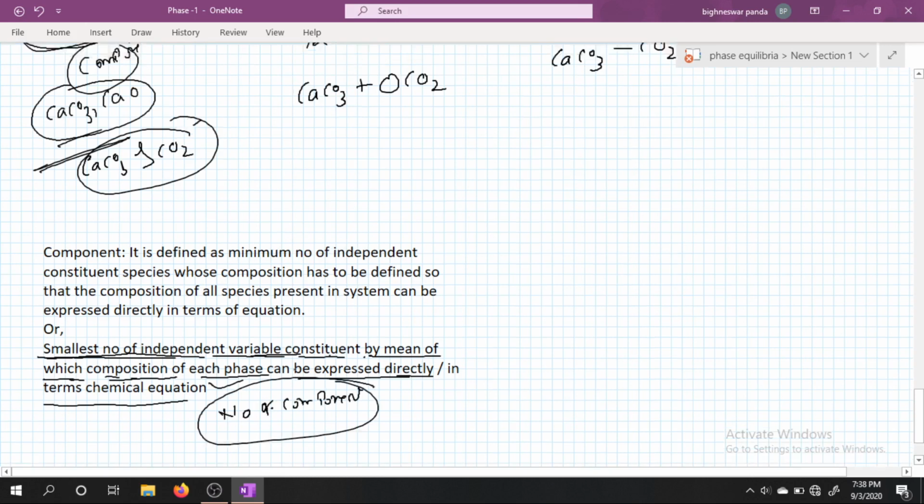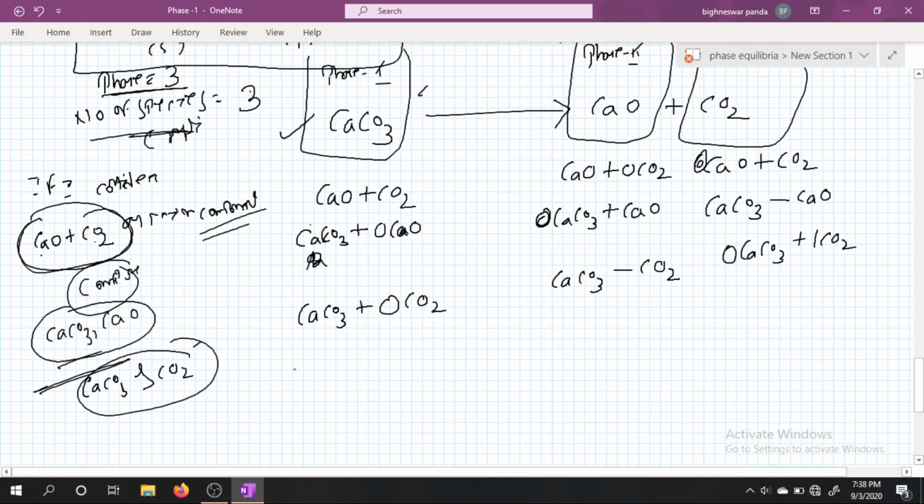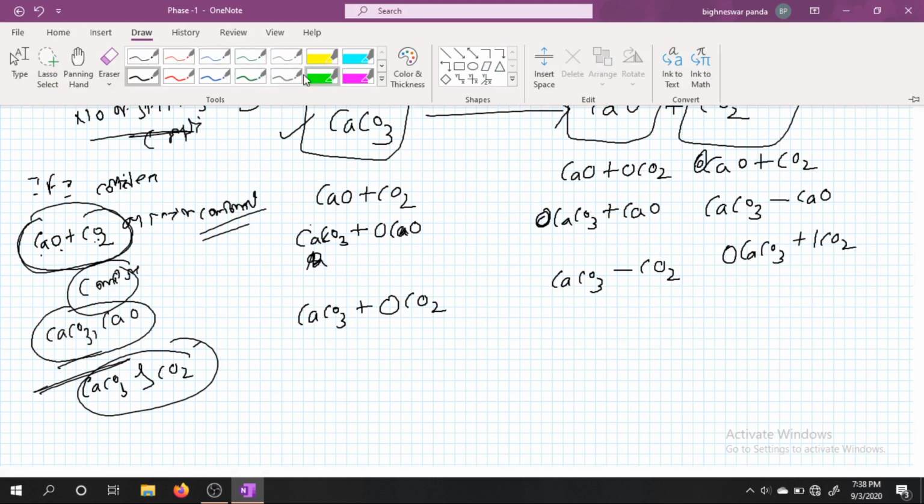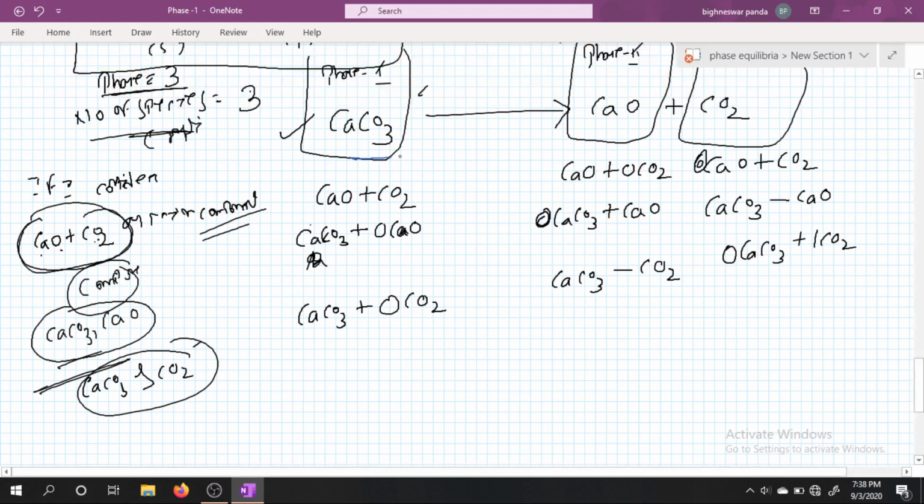So for component, we have to consider what are the smallest number of constituent. Here we are taking calcium oxide and carbon dioxide. No doubt in this equation we have 3 species. 3 species means 3 constituent, but apart from 3 constituent, we are considering only 2 constituent, that is calcium oxide and carbon dioxide.